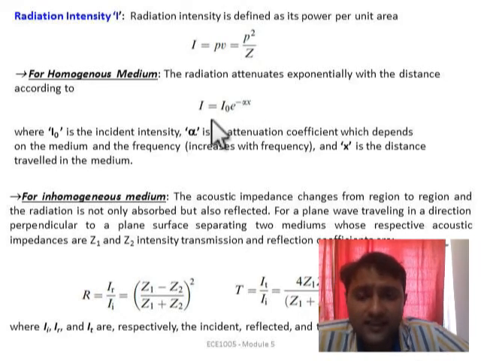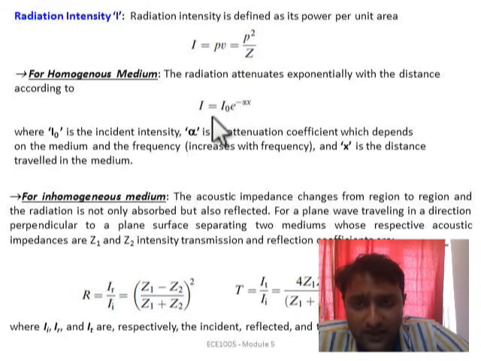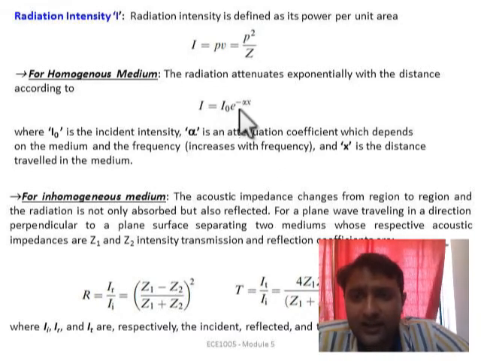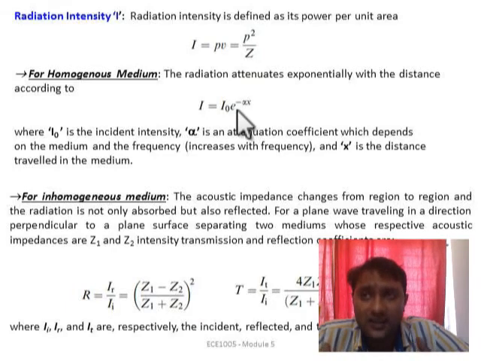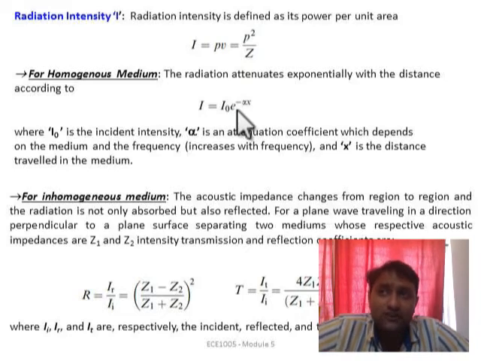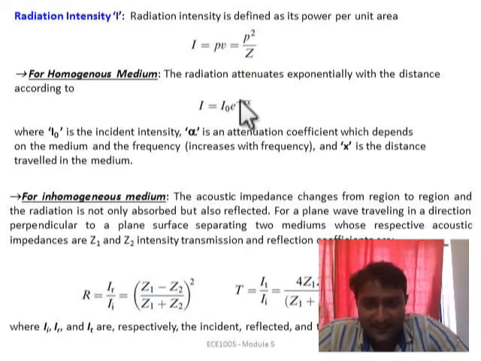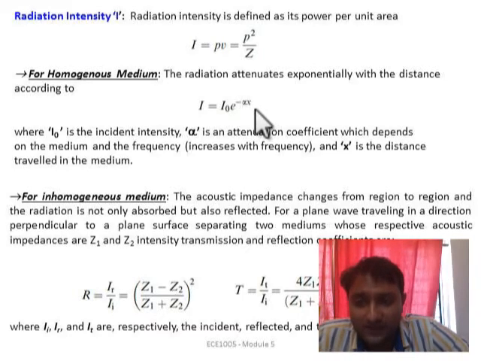In this case, look at this relation: I naught times e to the power of minus alpha x. Alpha is the attenuation coefficient of the media, and I naught is the incident intensity of the wave. So the initial intensity decreases as a function of distance x in a homogeneous media.